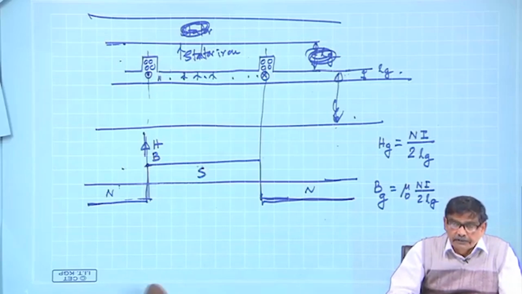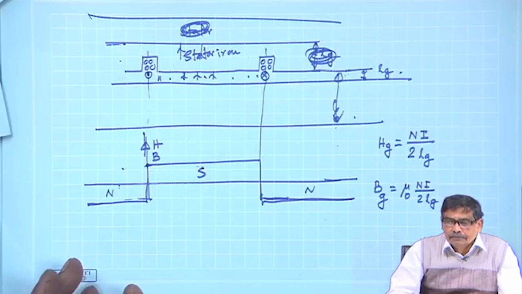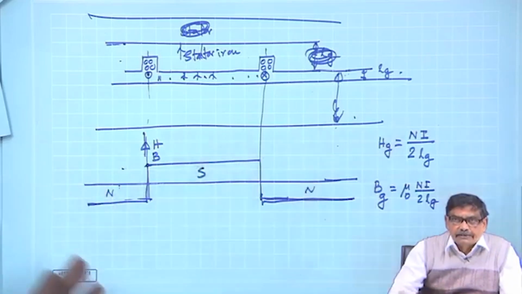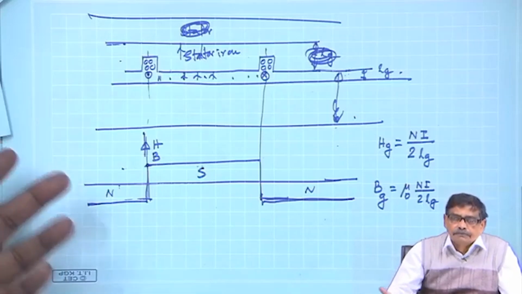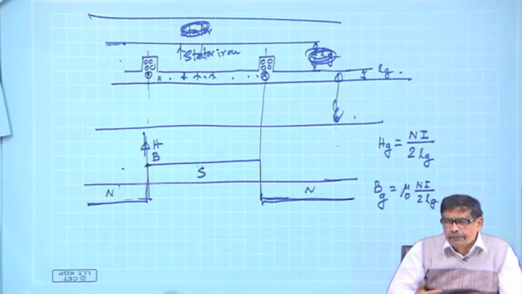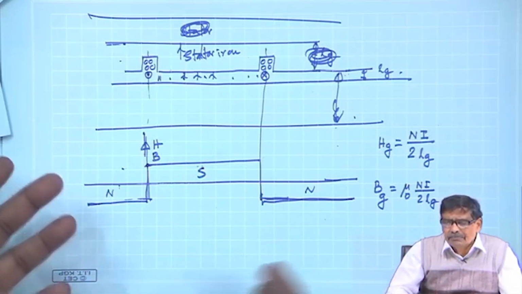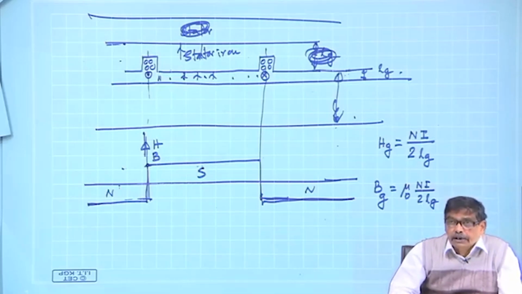What is the difference? The difference is one coil is displaced in space by some angle, that is all. Therefore, in course of time, whatever is happening to one coil, the same thing is going to happen to other coils. Therefore, it is essential that you know what is happening to a single coil.